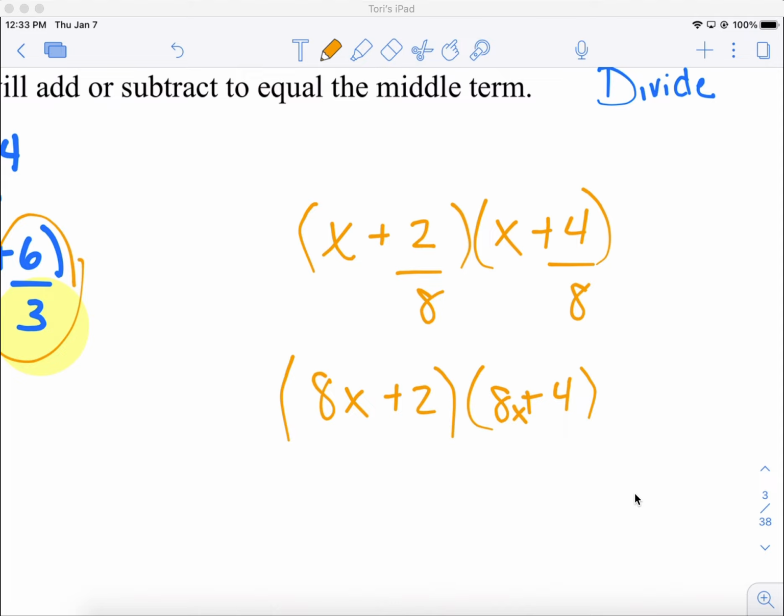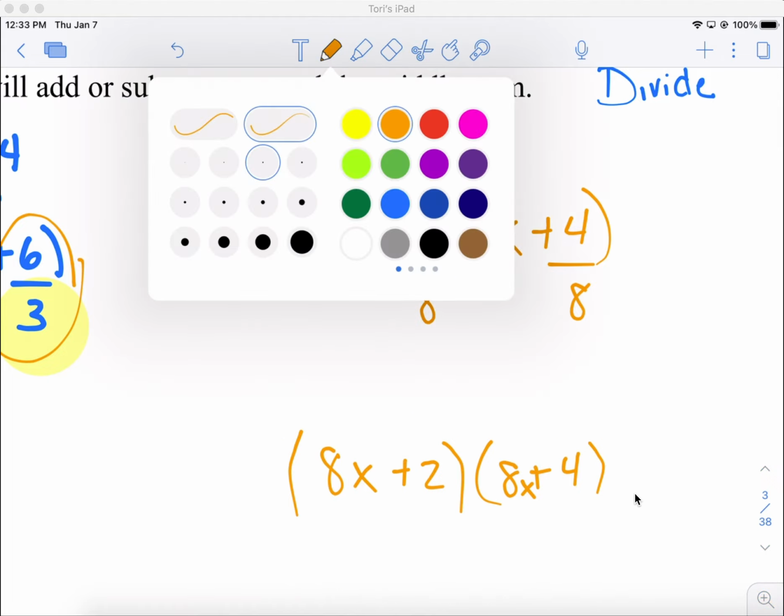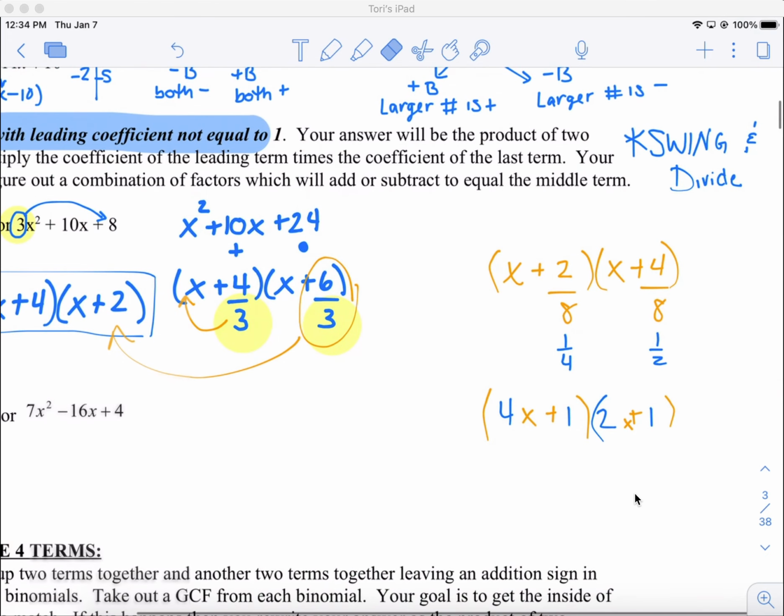This is not factors, and the reason for that is that those simplify. Even though they don't simplify to a whole number, they do simplify. That 2 over 8 simplifies to 1/4. That 4 over 8 simplifies to 1/2. So my numbers actually come out to be 4x plus 1 and 2x plus 1. You do have to simplify before you can swing back out. When I say swing it back out, all I'm saying is you cannot divide it to a whole number, okay? All right.